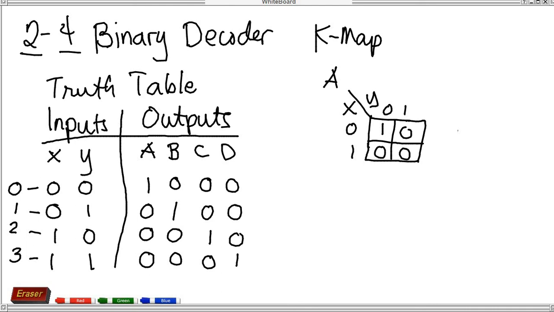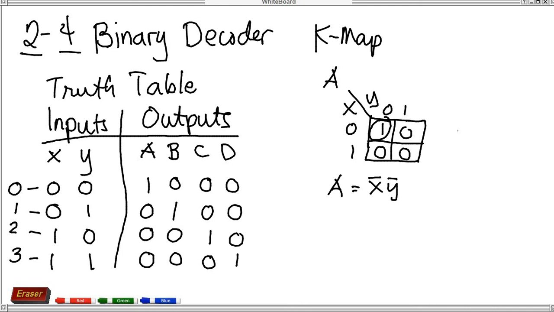Looking at the table in your K-map, the only one here is x bar and y bar. Therefore your a is equal to x bar and y bar. If you do the same for your outputs b, c, and d, it will be the same.